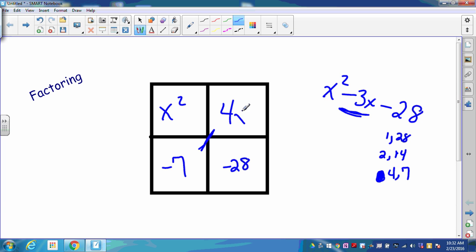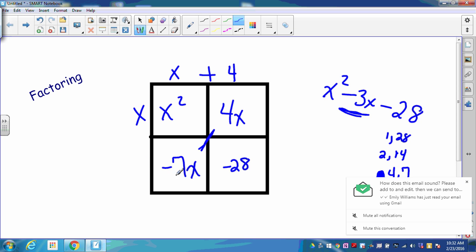And now, of course, we need to add in the x's. So now we just write it out. What times what gives you x squared? x and x. The x over here on the left times what gives you 4x? Well, that would be 4. And since this 4x is positive, we're going to put our plus sign up here.